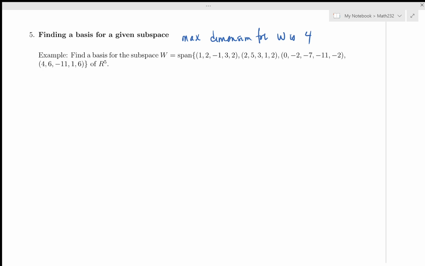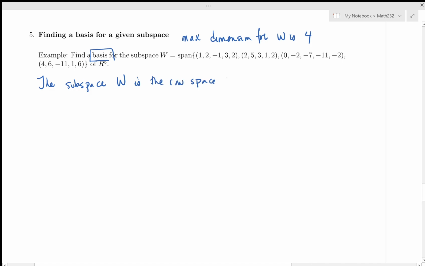Okay, so this is how we're going to go about finding a basis here, which means we need to eliminate any linearly dependent vectors. The subspace W is the row space of this matrix. I'm going to put the vectors here.